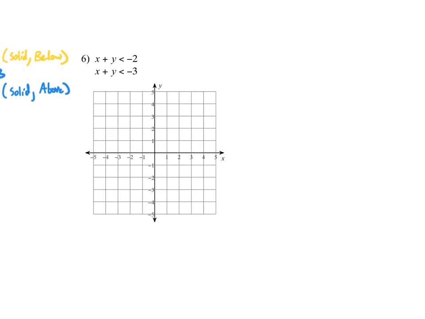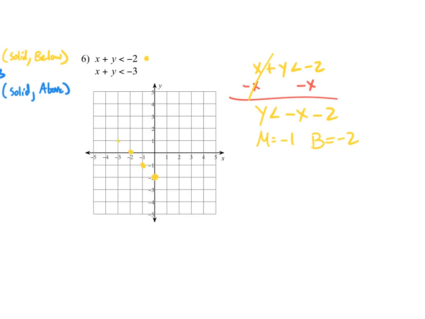Working number 6. Number 6, you had to solve this thing out. So you had x plus y is less than -2. You start by subtracting x. So you get y is less than -x minus 2. Your slope is -1. Your b value is -2. Once you graph it, you should get a line that looks like this. Okay?